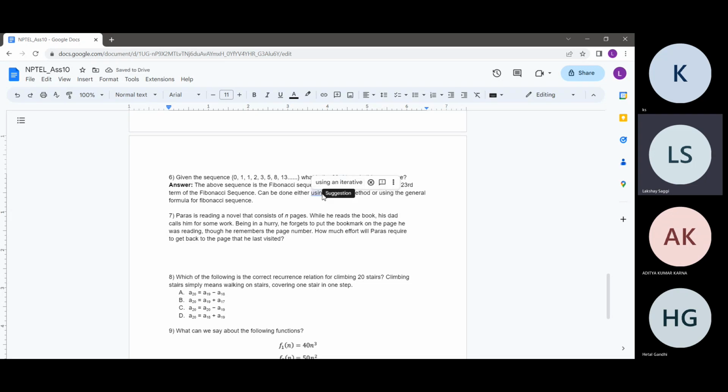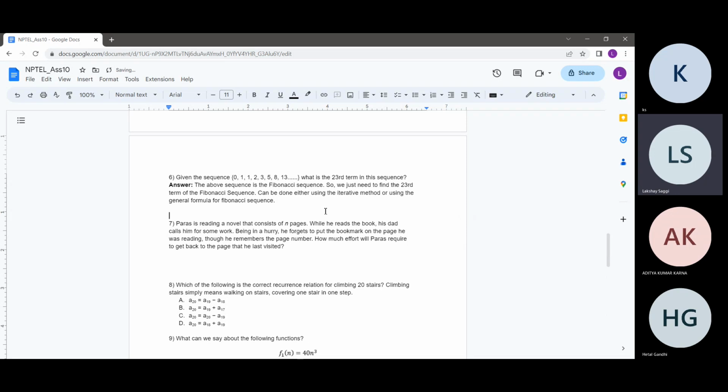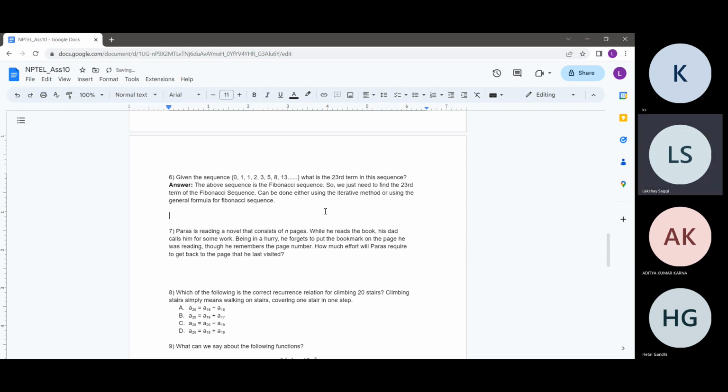I personally find the iterative method easier since it involves only additions and not multiplications. So I'll just write down the answer. I haven't done this myself, but the answer comes out to 28657, I believe. I'll just underline this in case you need practice.